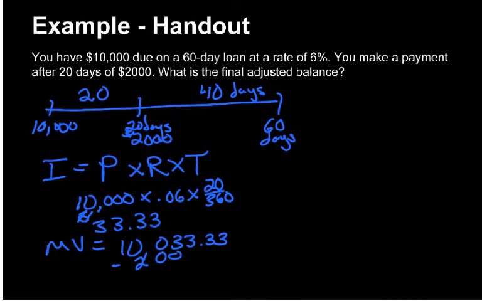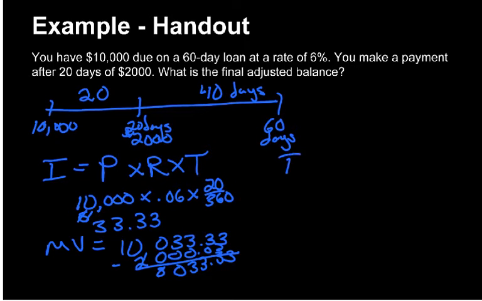So if I minus $2,000, I end up with $8,033.33. Now that principal is what we're going to use in the next part, because now we've paid off the interest, $33.33, and we paid off part of the principal. So now our new principal is $8,033.33.